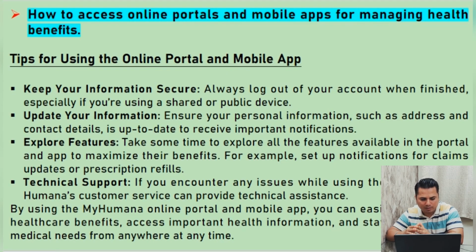Technical support. If you encounter any issues while using the portal or app, Humana's customer service can provide technical assistance. By using the My Humana online portal and mobile app, you can easily manage your healthcare benefits, guys. Access important health information and stay on top of your medical needs from anywhere at any time.